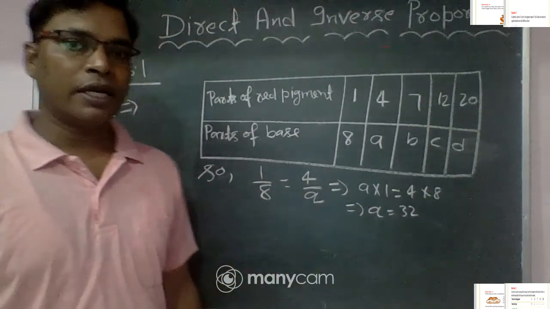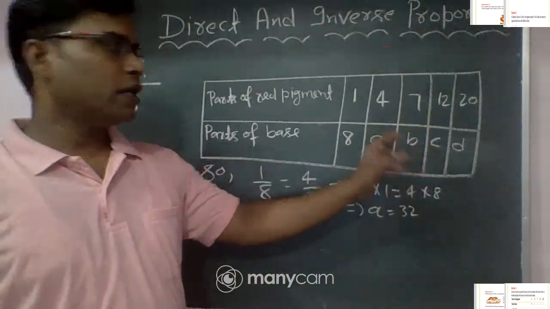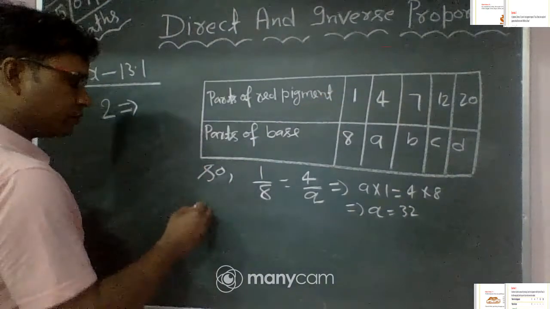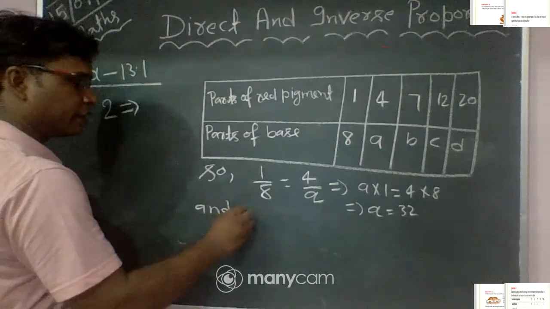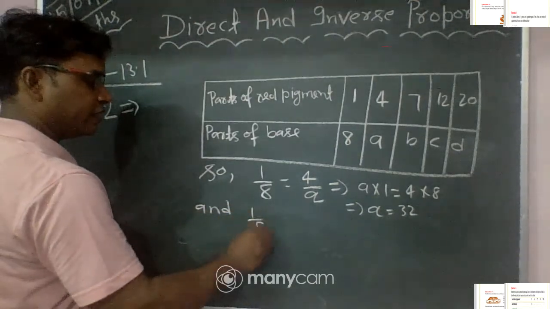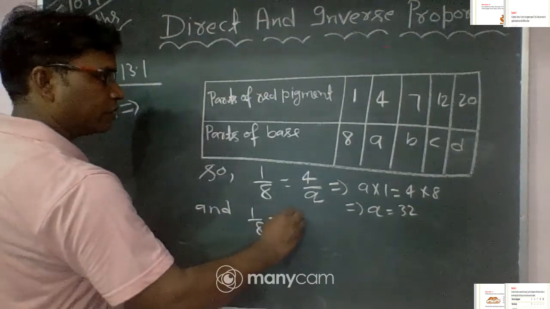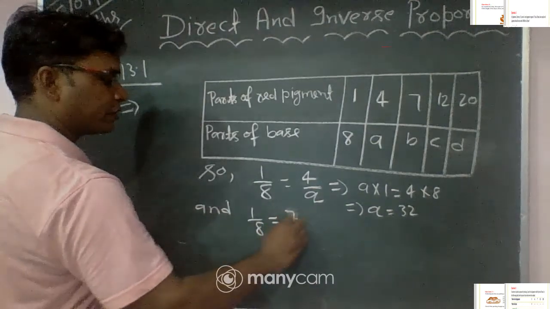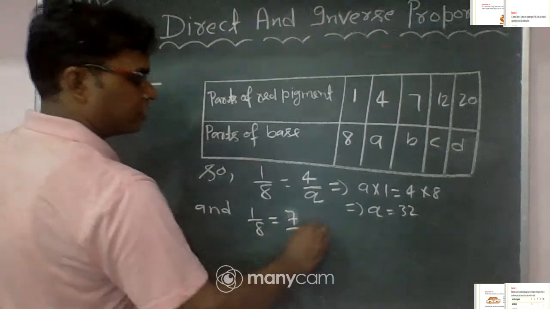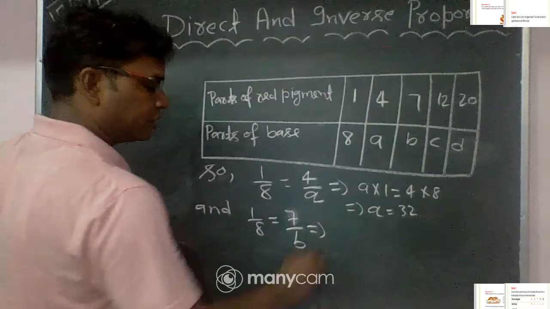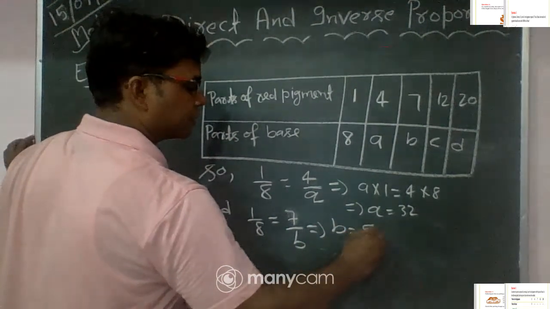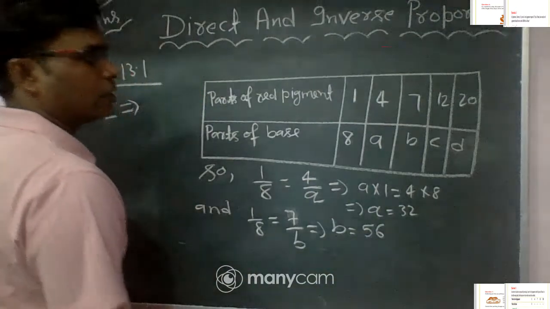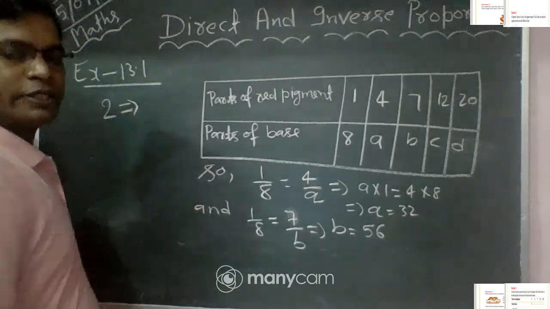This is clear. Now for 7 by b, we can also write 1 by 8 is equal to 7 by b, and by cross multiplication, b is equal to 56. Okay, now this is clear.